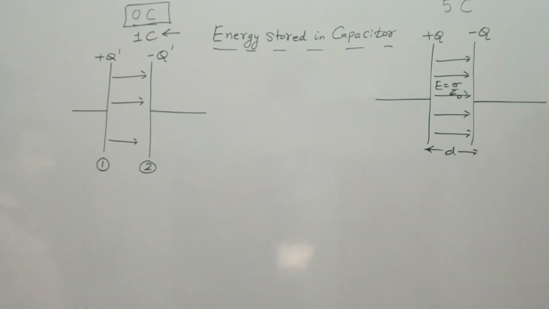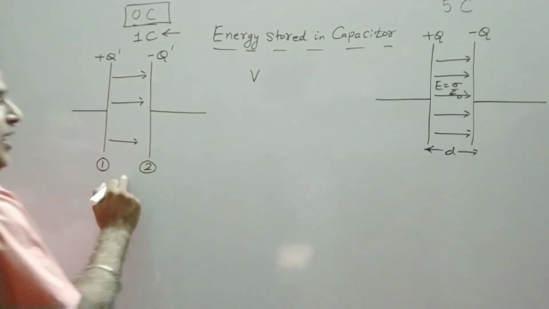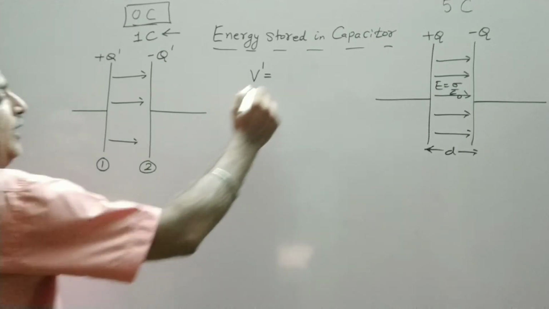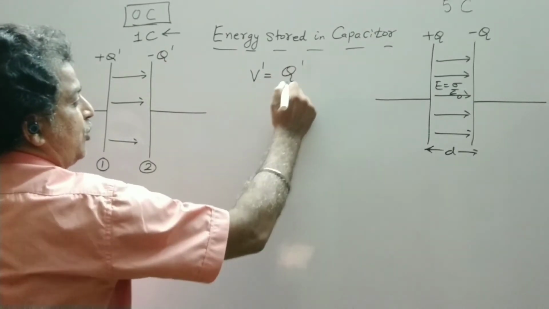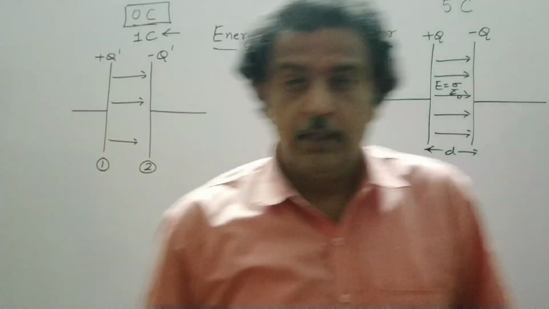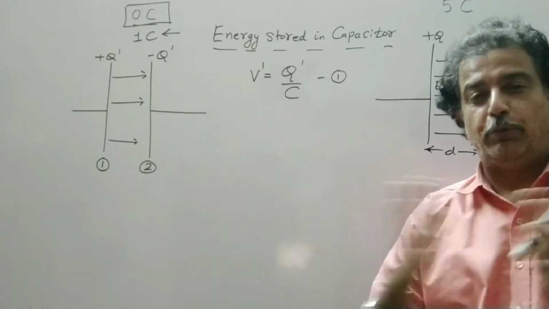So the first step is we find out the potential at this instant. So let the potential be V dash, that is equal to Q dash upon C. So this is equation number 1. This is an intermediate position, in between position.